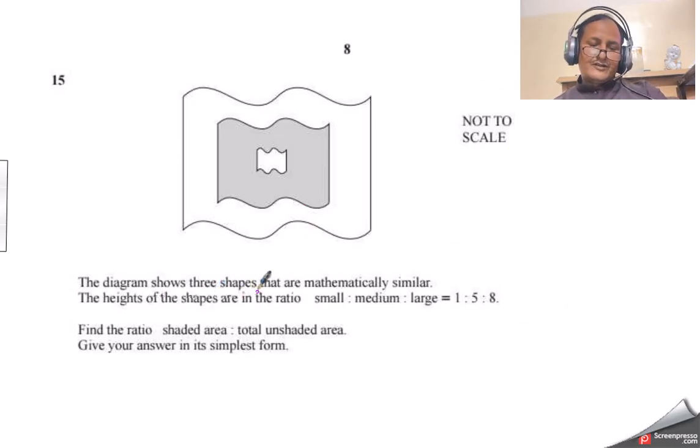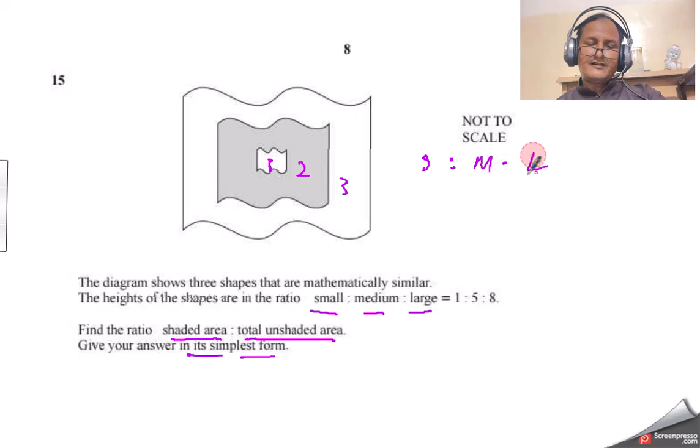After that we have question number 15. The diagram shows three shapes that are mathematically similar. Three shapes: 1, 2, and then 3. Okay, similar. The heights of the shapes are in the ratio small, medium, and large. Find the ratio of the shaded area to the total unshaded area. Give your answer in its simplest form. For example, we have the ratio with the small, medium, and then the large.